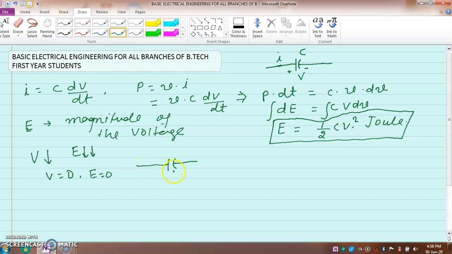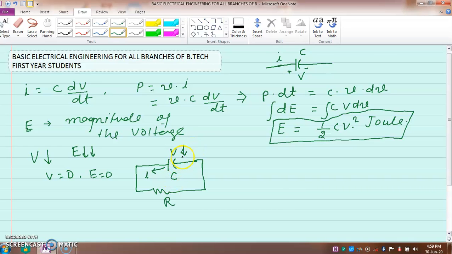Suppose this capacitor has got V voltage, and if you connect it with a resistance like this, then this capacitor, which earlier was taking current inside, will now release the current from this side, and gradually this voltage decreases and finally goes to 0.